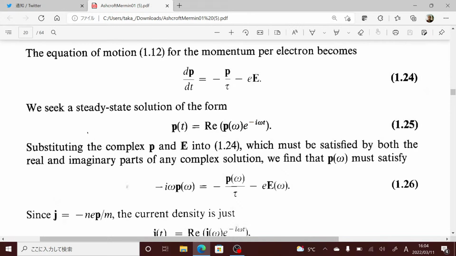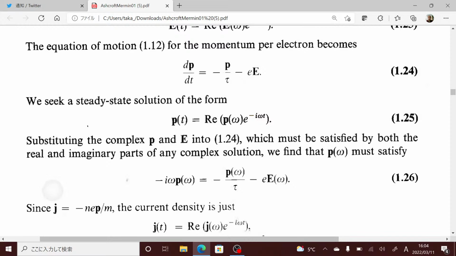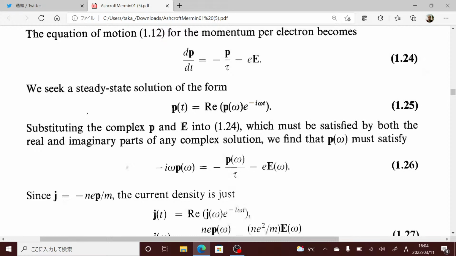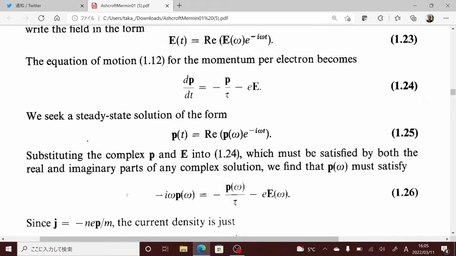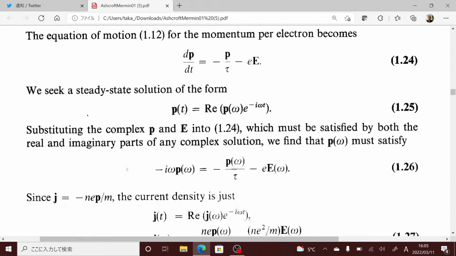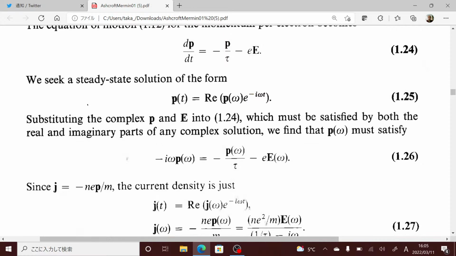We find that p of omega must satisfy: minus i omega p of omega equals minus p of omega divided by tau minus e E of omega.